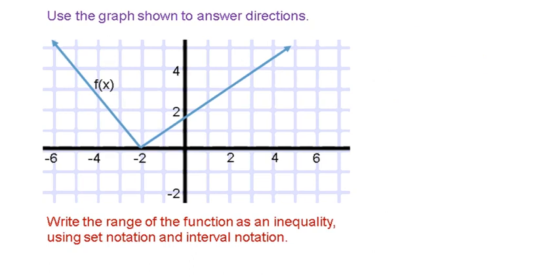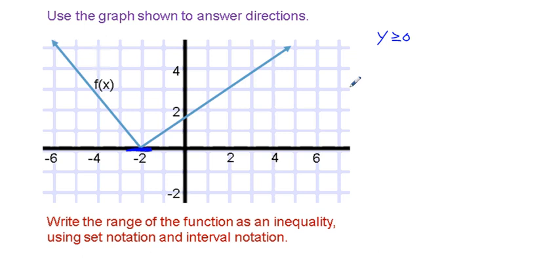Okay, next we have write the range of the function as an inequality using set notation and interval notation. What we have is a lower limit or boundary of 0 right on the x-axis. So we can write this in inequality notation as y is greater than or equal to 0.